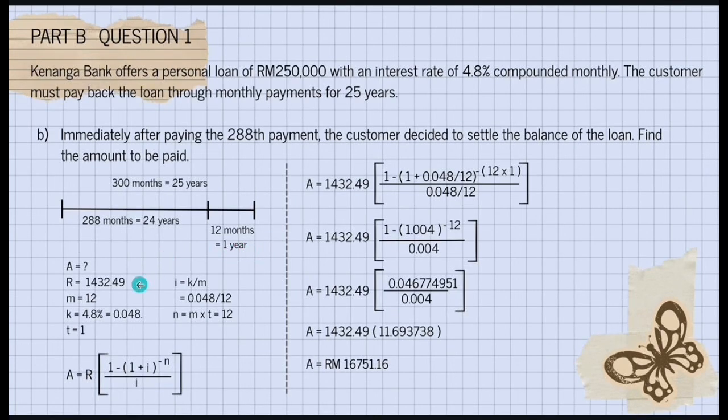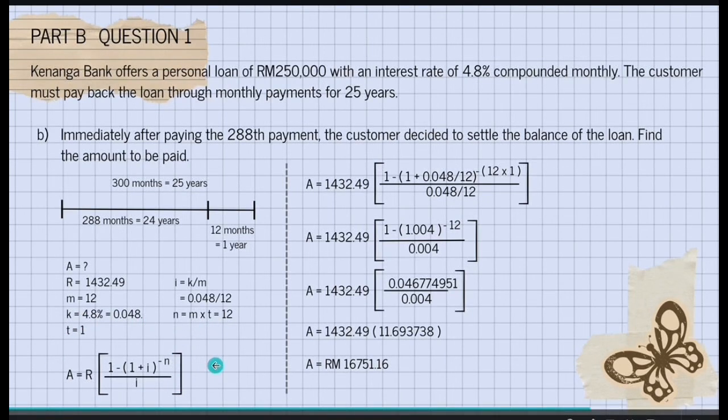So we got R equals 1,432.49, M equals 12, K equals 4.8%, or 0.048, T equals 1, N equals 12. By using the same formula from question A, which is the present value, we substitute the numbers into the formula.